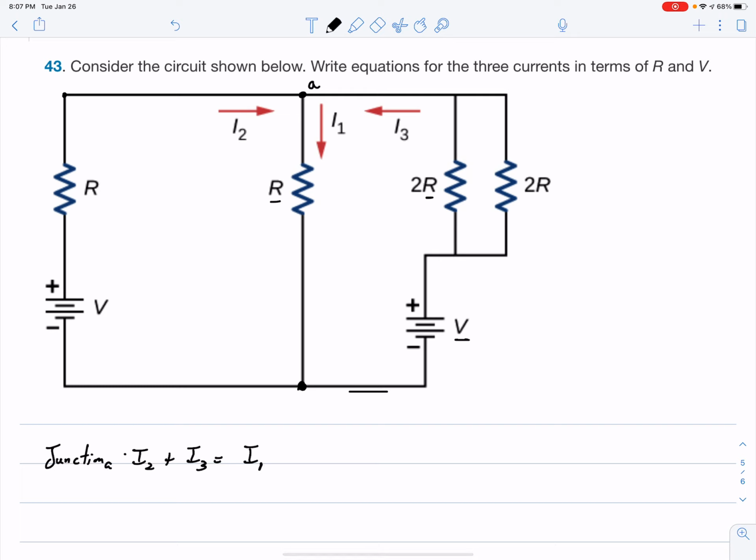This is junction A. The same can be said for junction B.